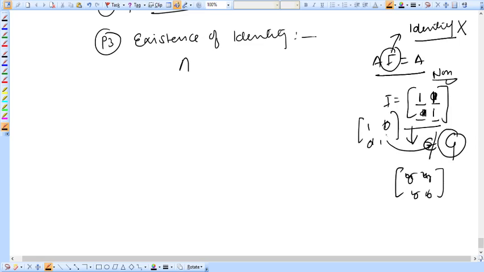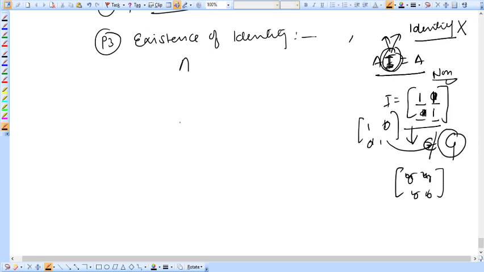We want to get such a matrix for which all four elements are equal. So therefore we can say this I is not part of G, therefore it is not forming the identity element of the given set.